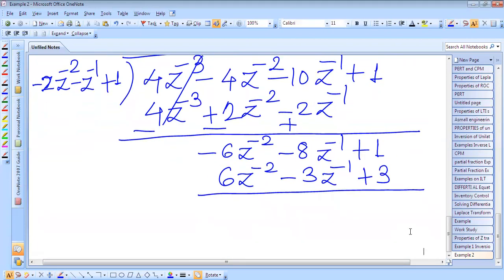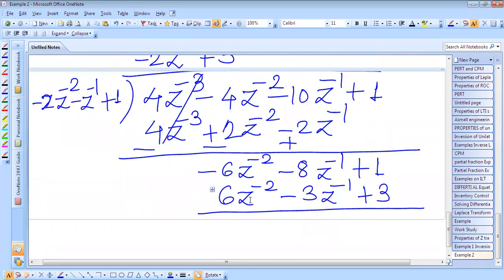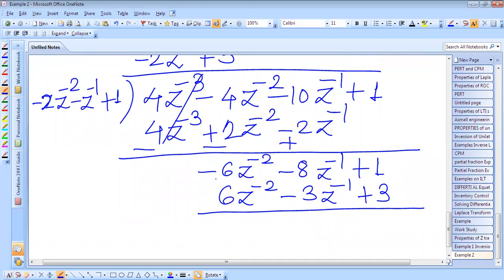Okay, so this will be, actually, 3 multiplied by this is minus sign. Okay, so to subtract these two equations, this will get cancelled. What will be remainder? 5z raised to power minus 1, and here it will be minus 3.